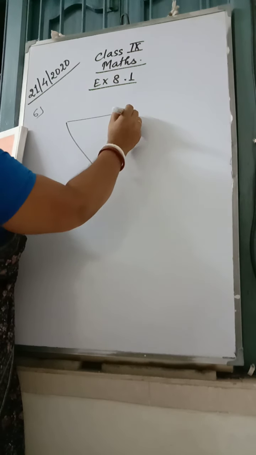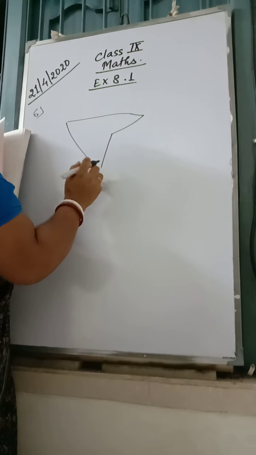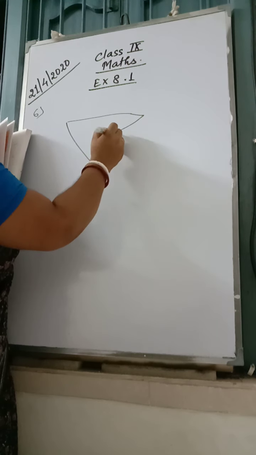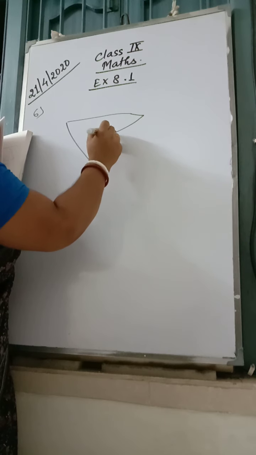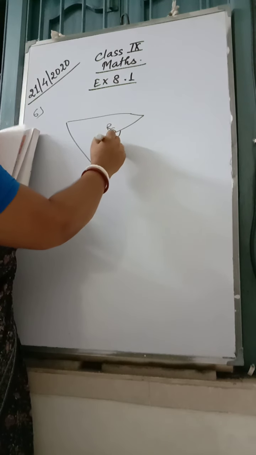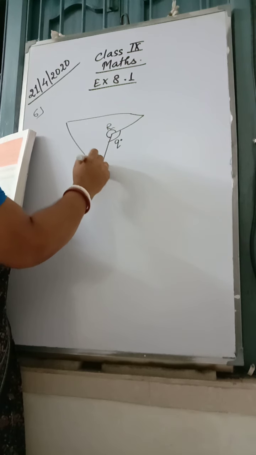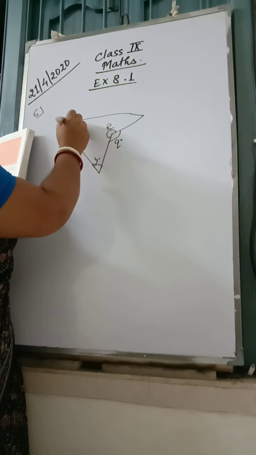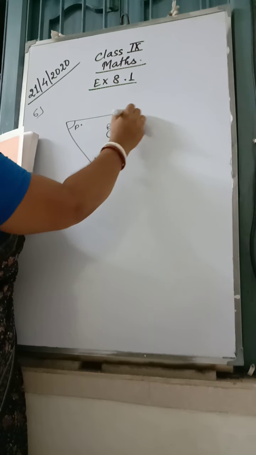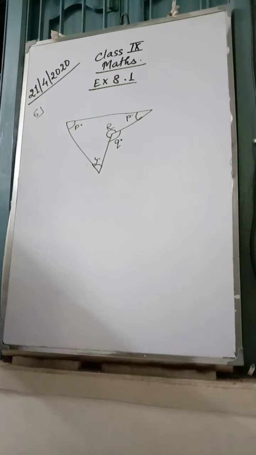It is a figure of a concave polygon. As you know, a polygon which has at least one angle more than 180 degree is known as a concave polygon. This angle is represented by r and this angle is represented with q degree. This is y degree. This is p degree. And this is r degree. This is given to you.